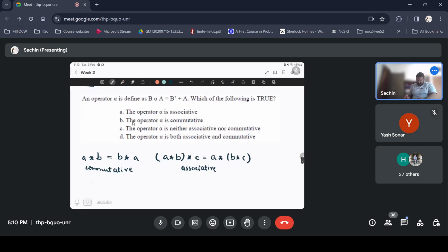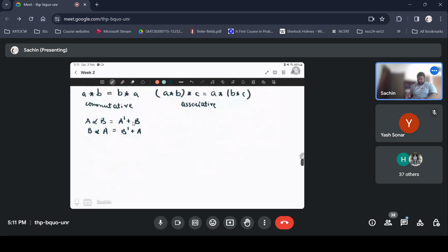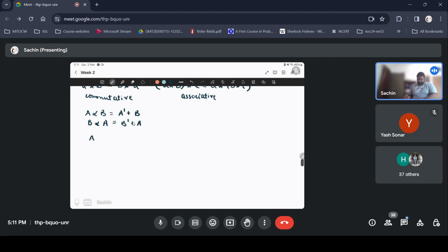So here A alpha B is A prime plus B, and B alpha A is B prime plus A. These two things are not equal. A prime plus B is not the same as B prime plus A, so it's not commutative.